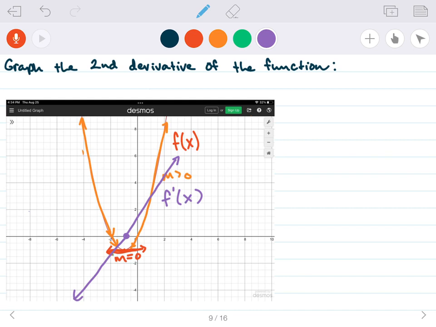And remember, with lines, the slope is always going to be the same no matter what 2 points on the line you choose. And so for that reason, we are going to have a slope of 3, and so that's going to correspond to this horizontal line right here. So this green is going to be our f double prime of x.